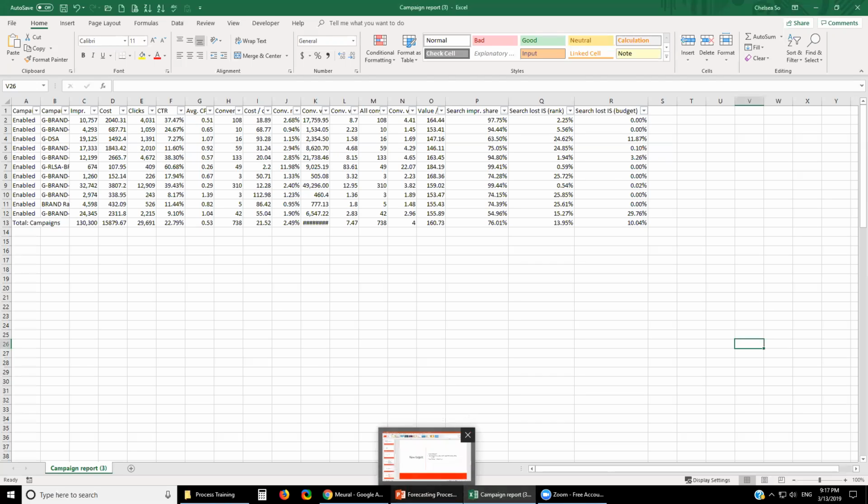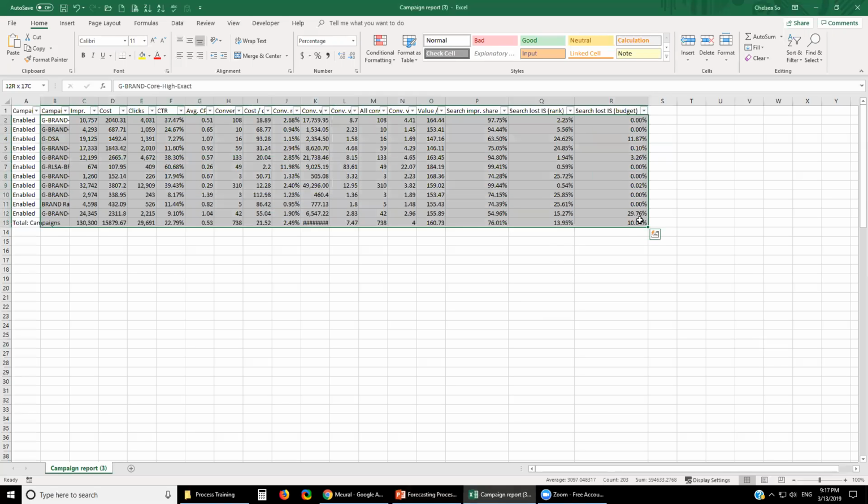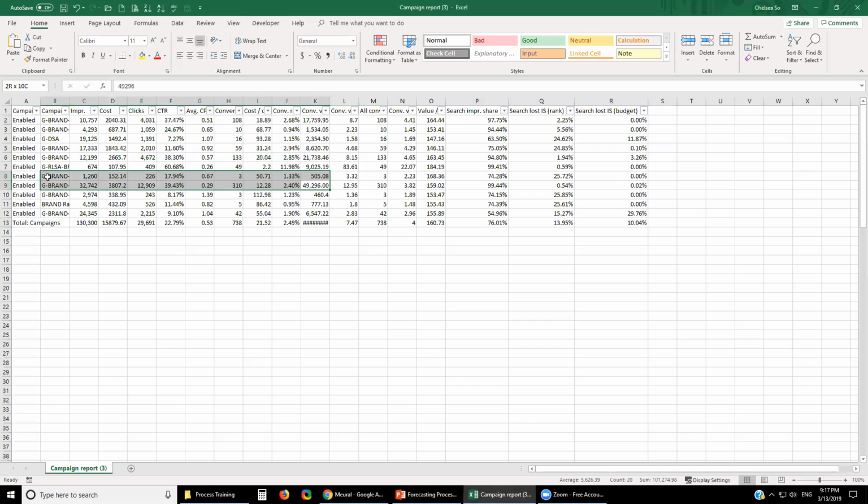All right. So this is an account that has some search lost impression share due to budget, and also rank. So if I was going to forecast for next month, now I'm going to try to push my budgets up, and I'm not going to take my totals because, depending on the client, this could be way off. I need to do it line by line on an individual campaign level. The reason why is because here brand is obviously really skewed.